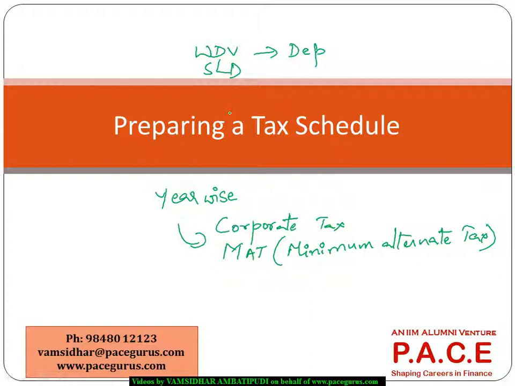So we will try to create it using the existing P&L statement and making the modifications regarding the written down value method and the straight line depreciation method, arriving at the new value based on which we will be doing the computation of the tax.